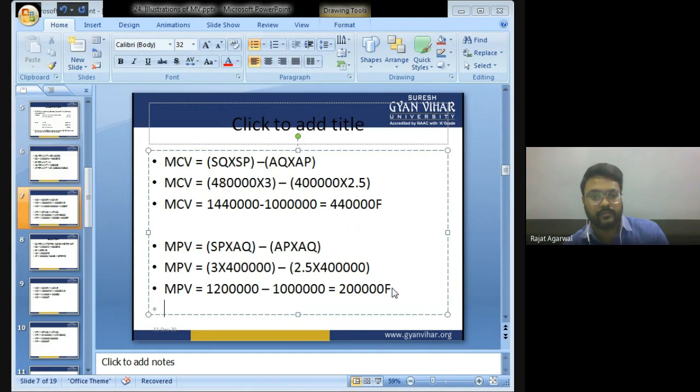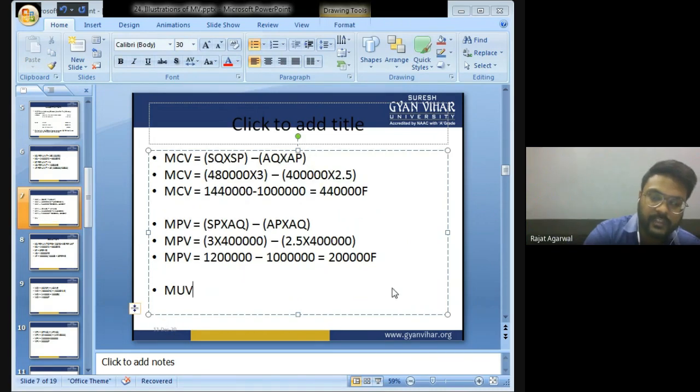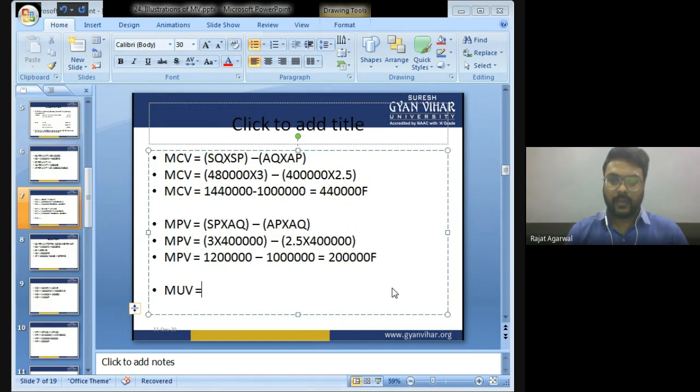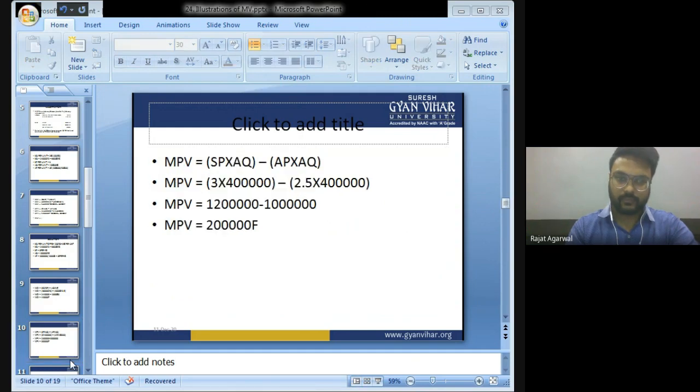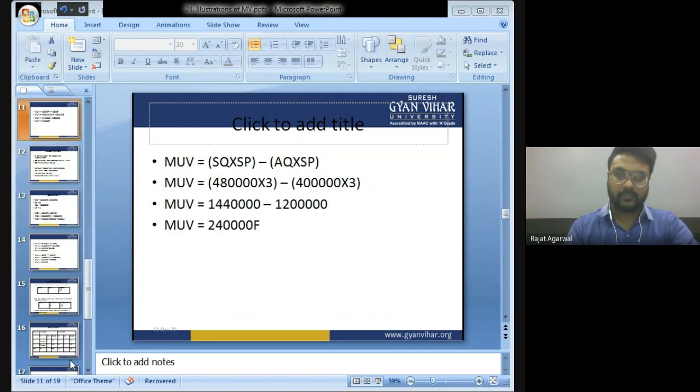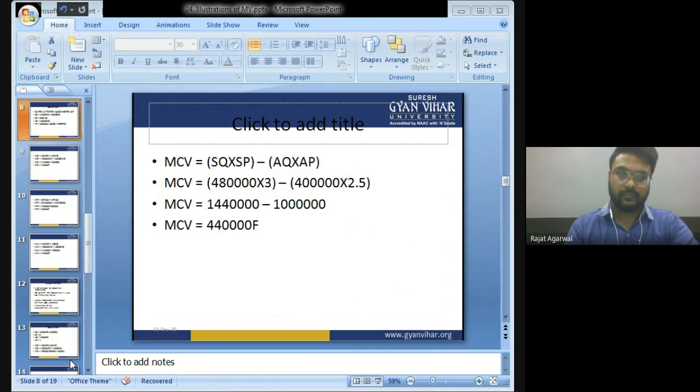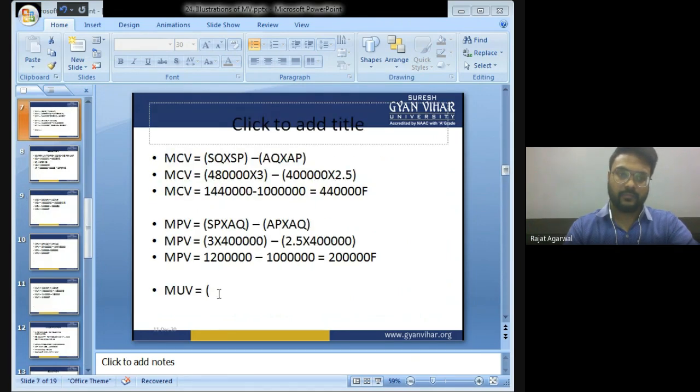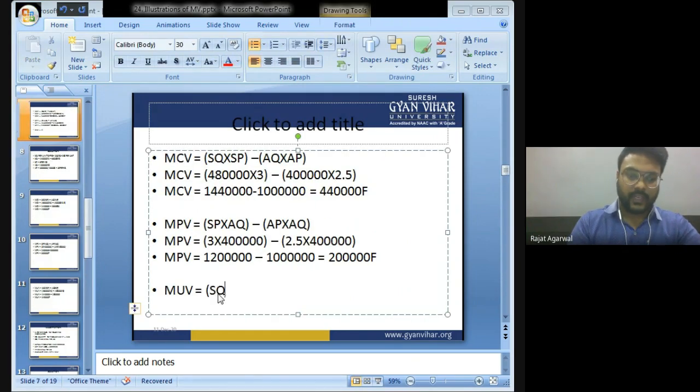Now, material usage variance. What is the formula of material usage variance? Standard quantity into standard price minus actual quantity into standard price.